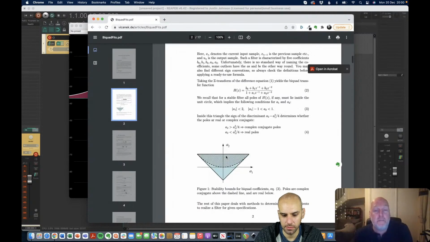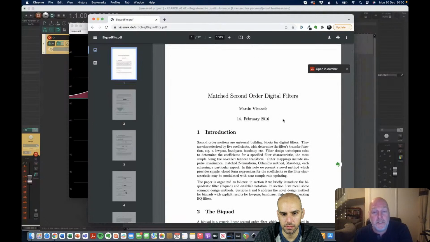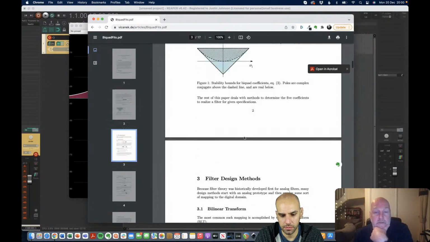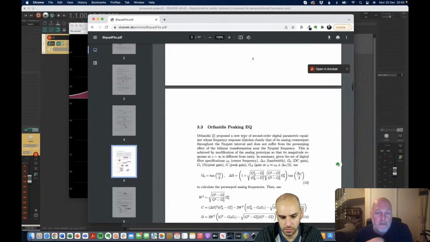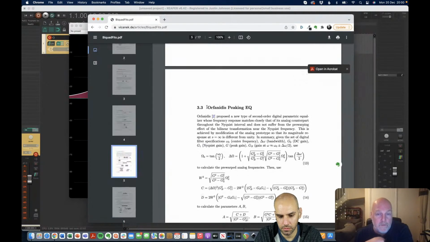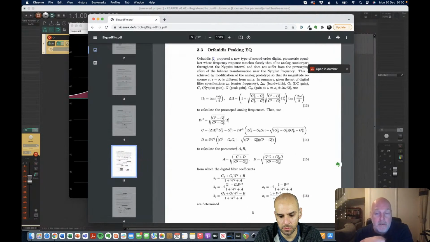But here's the paper that I was talking about. It's from 2016 by Martin Vicanek. I don't know if I'm pronouncing his second name right, but Vicanek. And he covers the other one that I came across before this, the Orfanidis peaking EQ, which is just for a peaking EQ, but it's how to essentially modify a biquad so that it doesn't drop to unity at Nyquist, it's kind of lifted up, is what he did.